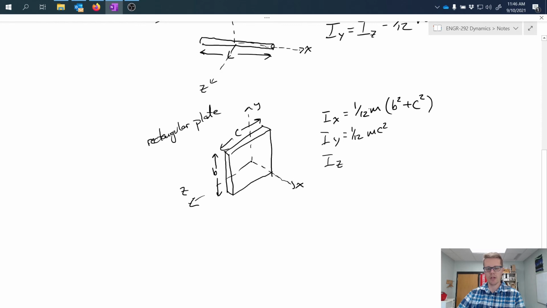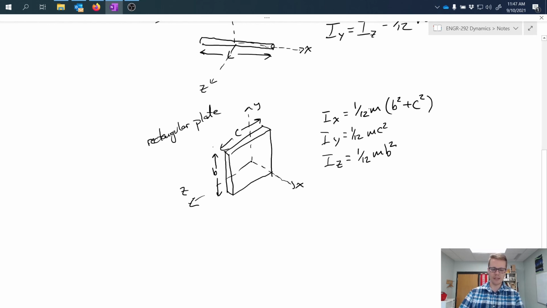And rotation about the z-axis. Now you might ask then, well, why haven't we included any terms for the thickness of this plate? Well, for this rectangular plate, our assumption is that the two dimensions B and C, as they're labeled here, are significantly larger, again, than whatever that thickness might be, and therefore we're neglecting that contribution from the thickness.